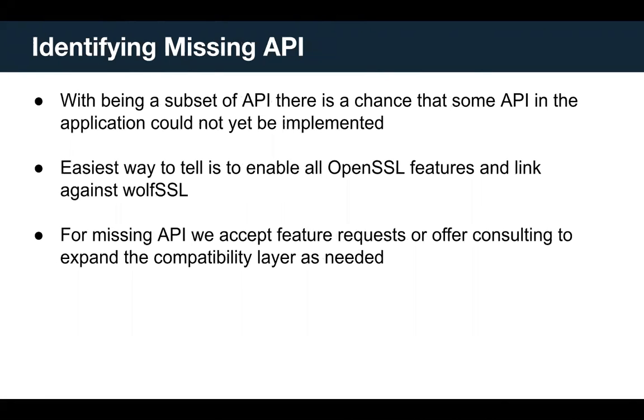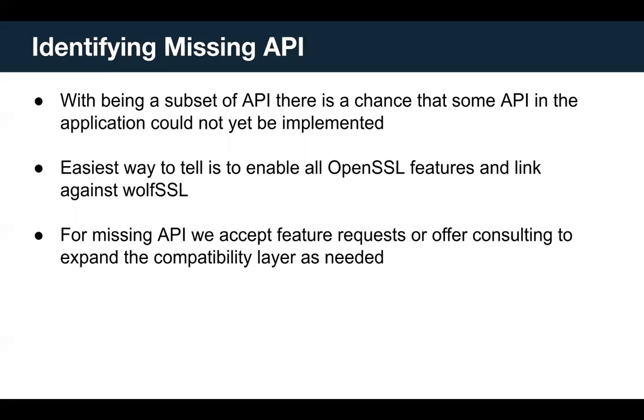With the compatibility layer being a subset of all possible OpenSSL API, there is a chance that some API used in your application may not yet be implemented. The easiest way to tell if there are some missing gaps in implemented API is to compile the application linking against wolfSSL.